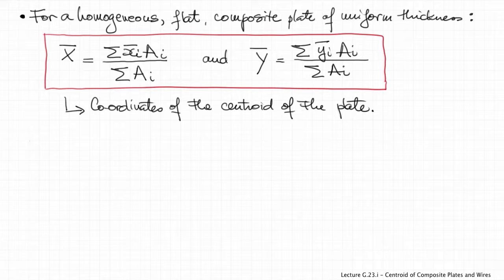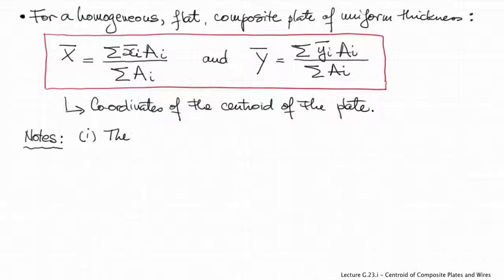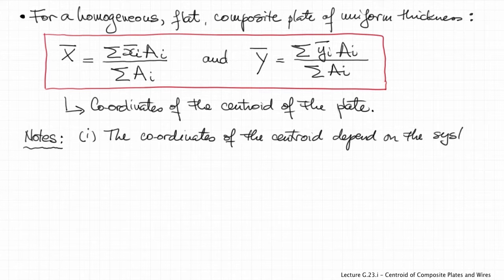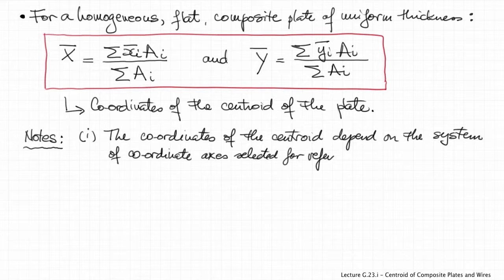Now, there are a few things that you need to remember. The first and very important thing is that these coordinates that we've just calculated will depend on the system of coordinate axes that is selected for reference. So if you select a different system than your colleague, you will get different numbers, different results, although both yours and your colleague's would most likely be correct.